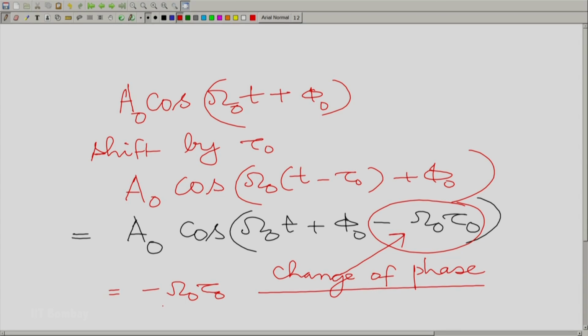As you notice, this change of phase is linear in frequency omega naught. So, if I want all frequencies to be shifted by the same time, I need a phase change which is proportional to the frequency. That is why linear phase has an association with shifting the entire signal by the same time shift.